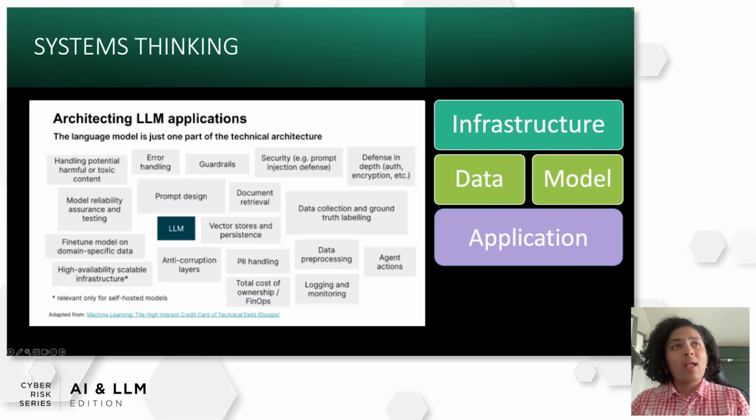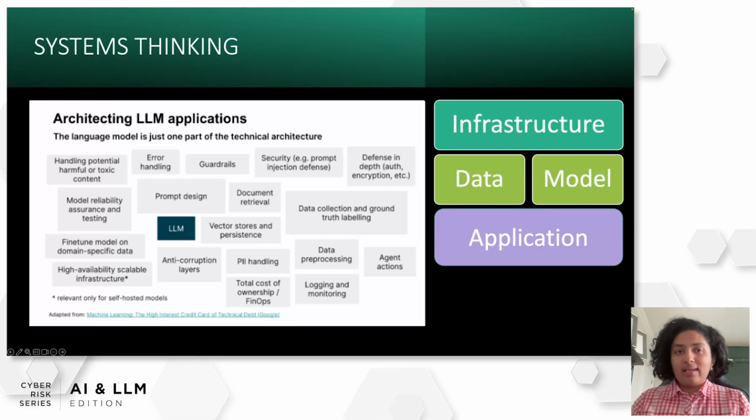As you can see, the large language model itself is a very small component, and there are so many other things around it. It's critical to understand that the model is one piece of the entire holistic system. We have to think about other components like infrastructure, data, model, and the application itself, which brings about the systems thinking component.